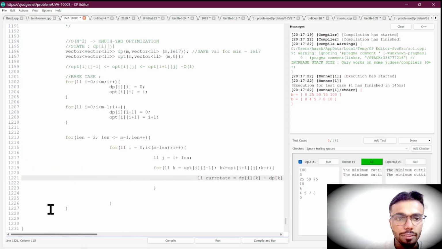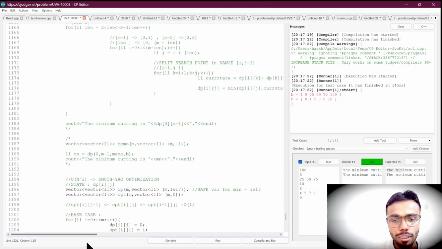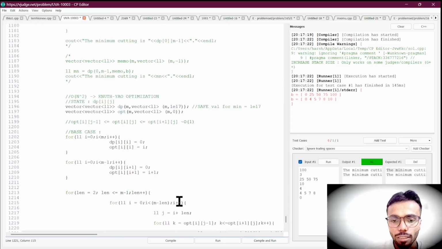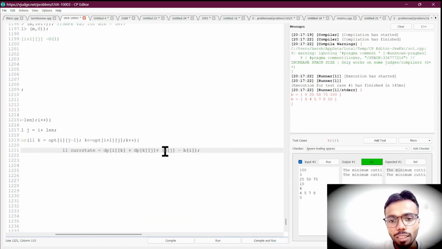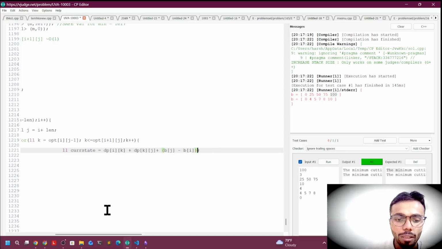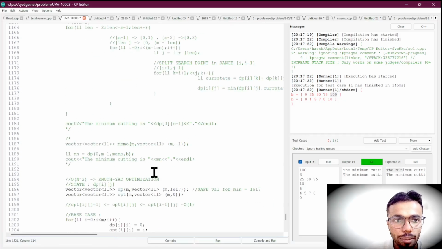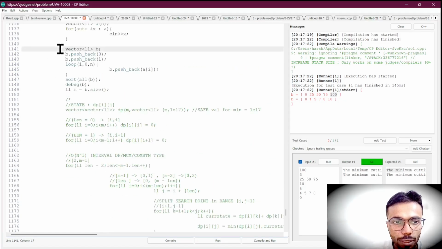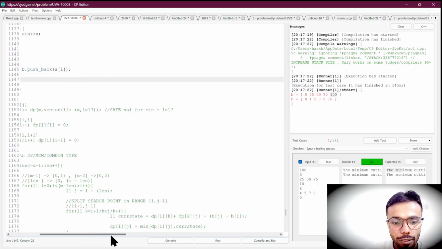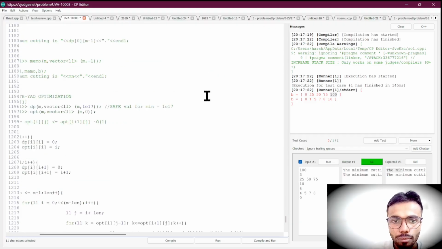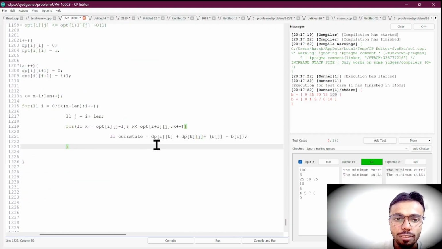We cannot take a[j] minus a[i], because a is not the original coordinate, since 0 and 100 are not included. To avoid that, we already added a coordinate initially, and that's why we are taking b[j] minus b[i]. So that is the current step.